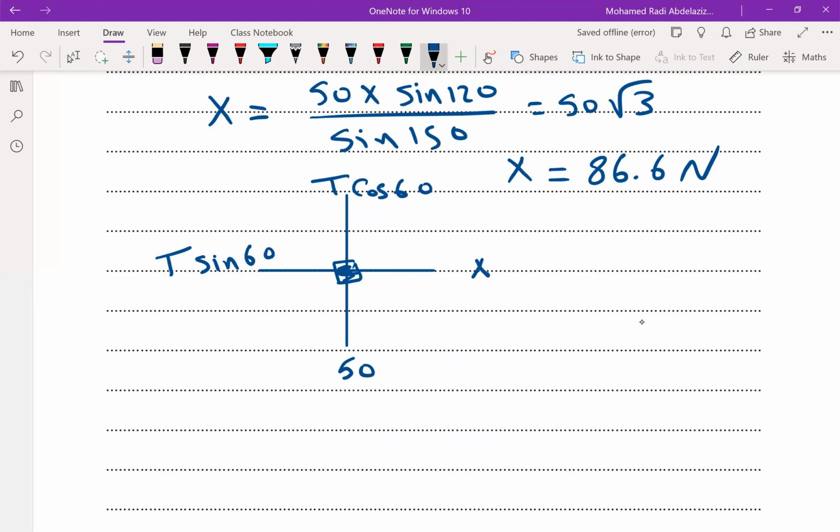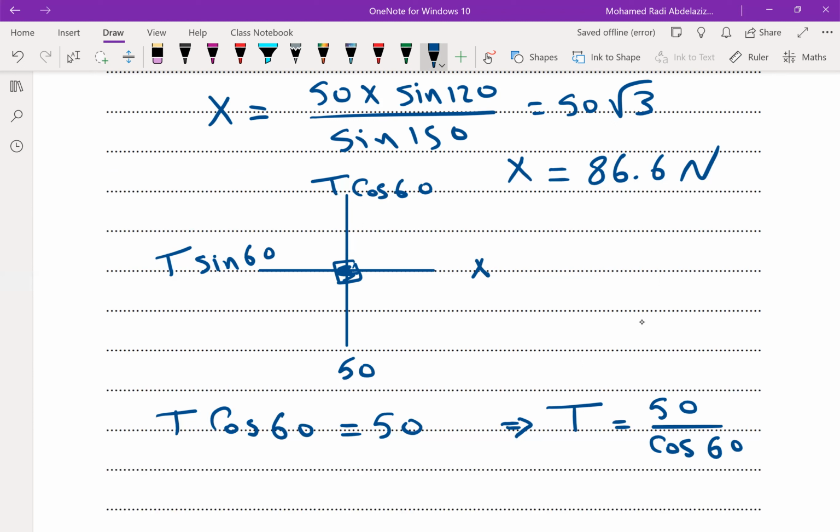X equals T sine 60, T cosine 60 is equal to 50. I will start with T cosine 60 is equal to 50, so you can find the value of T is 50 divided by cosine 60. You can keep it like this, or you can find the exact value, which is 50 divided by cosine 60. So the answer will be 100.